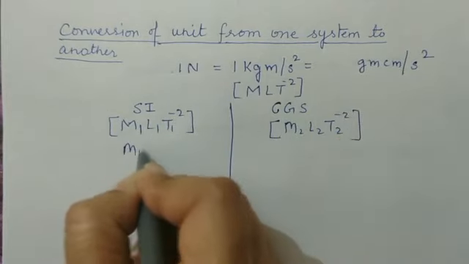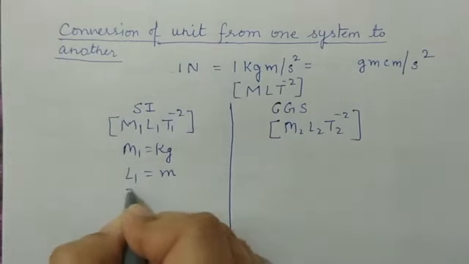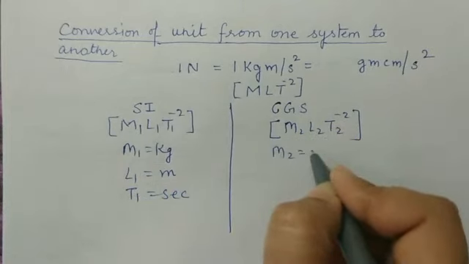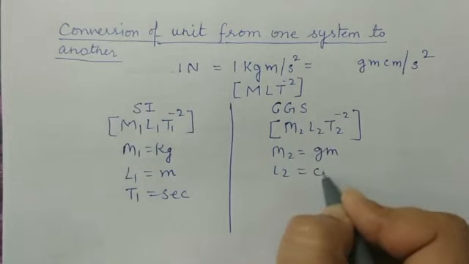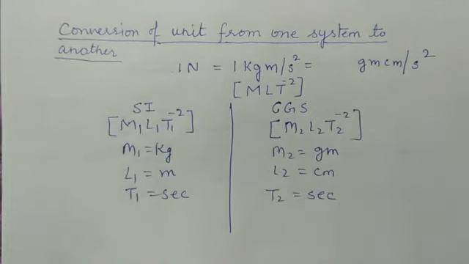Here m1 is kg, L1 is meter and T1 is second, and in CGS system m2 is gram, L2 is centimeter and T2 is second. Now, according to principle of homogeneity, we know that N1 U1 is equal to N2 U2. That means the value of a physical quantity in one system is equal to the value in second system.